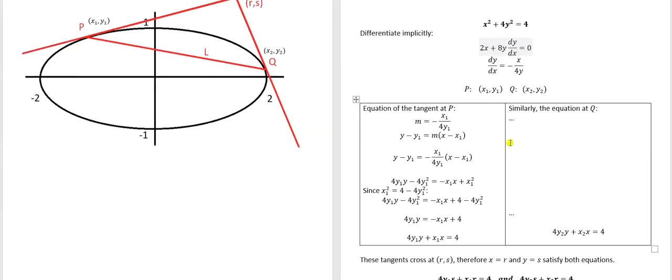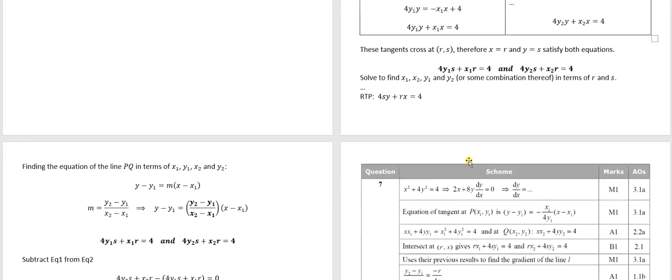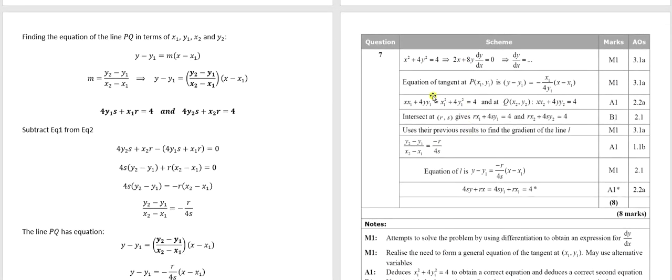You could then use that to find the equation of the tangent at a particular point. And then a bit of messing around with this would have got you the third mark, demonstrating that because we have that 4y squared plus x bit, we can turn it into 4. You'll notice how they rearranged to get x1 squared plus 4y1 squared, which therefore must be 4, so you can swap it out straight away and get this.